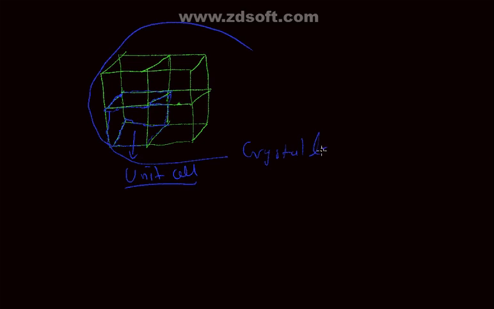So this particular cube represents a single unit cell, and this whole thing is called crystal lattice. I hope you understood the meaning of crystal lattice and unit cell.